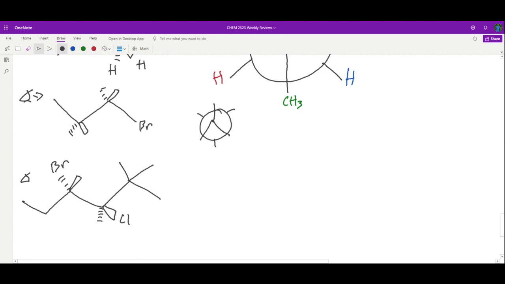So automatically you should know that bromine and chlorine should be on opposite sides. And in this scenario, instead of just methyl groups, I put an ethyl on one side and a t-butyl on that side. Regardless, you're always going to have single lines. You're never going to extend your graph or your Newman projection.